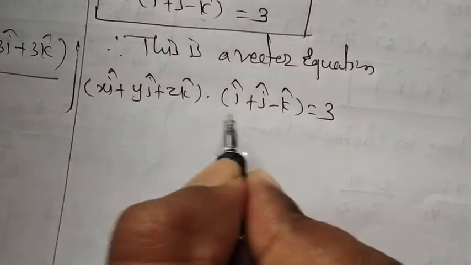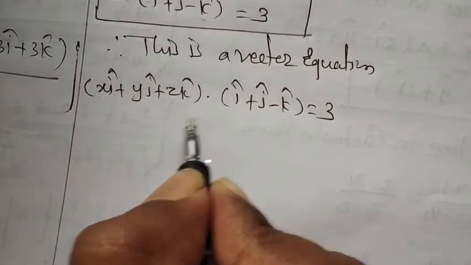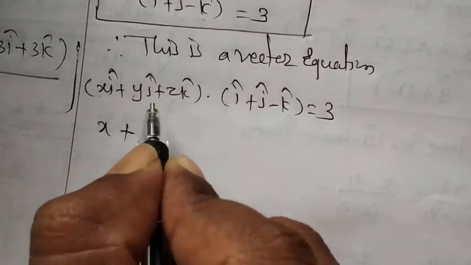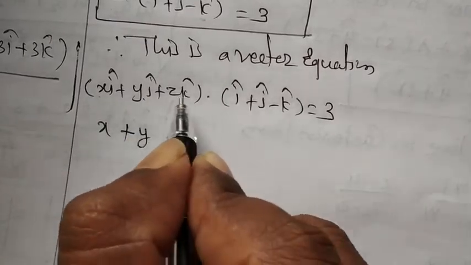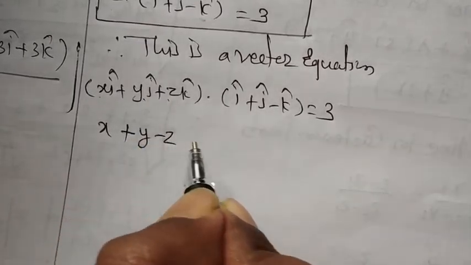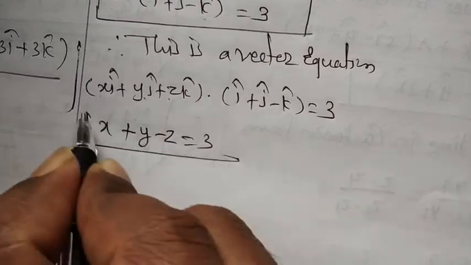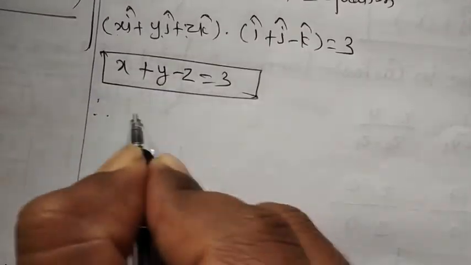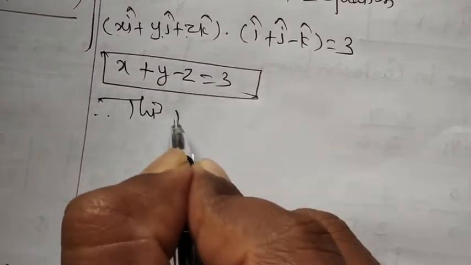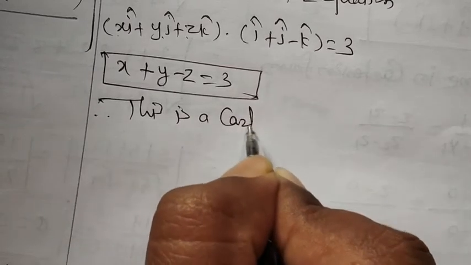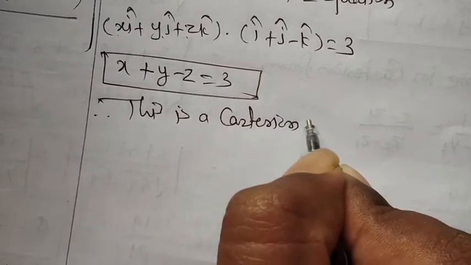Then take the dot product: i dot i is 1, x plus y into 1, y, minus z into 1, minus z, is equal to 3, and this is the Cartesian form, the Cartesian equation of the required plane.